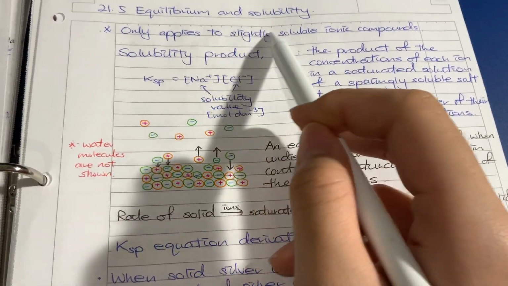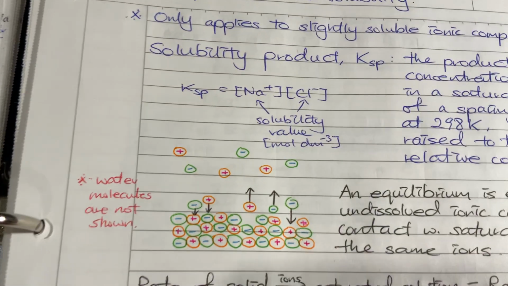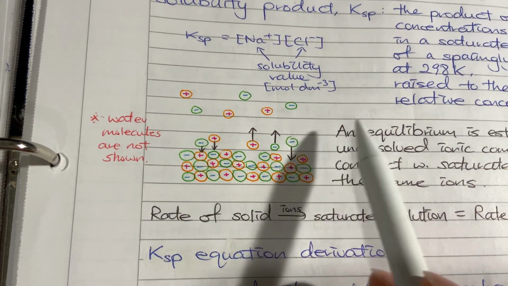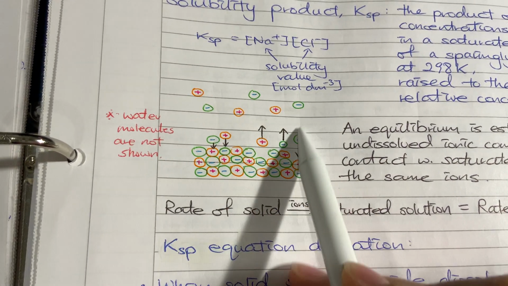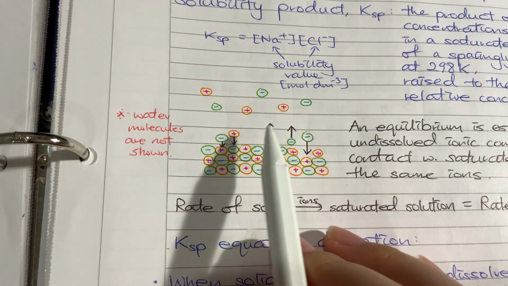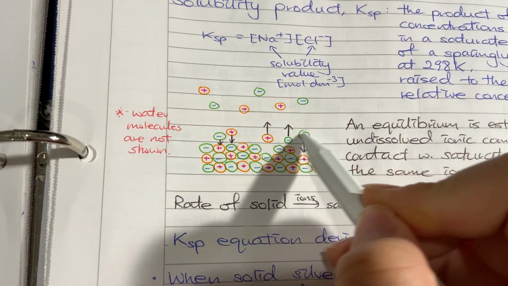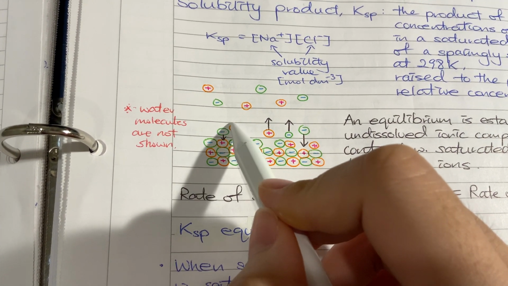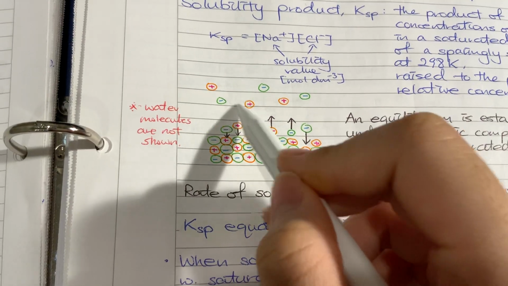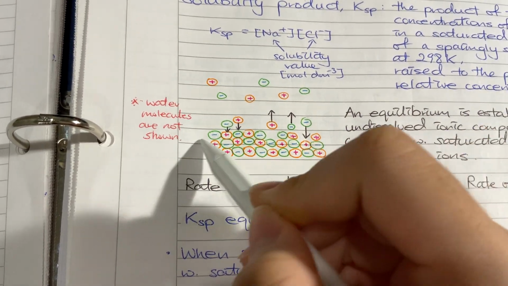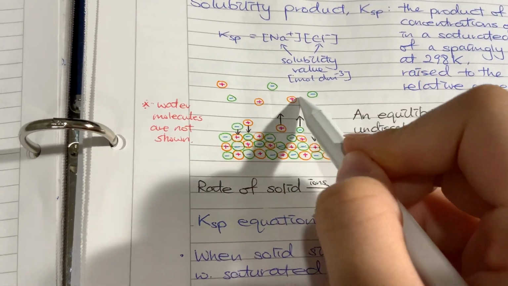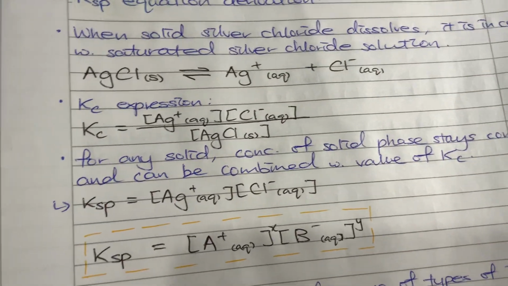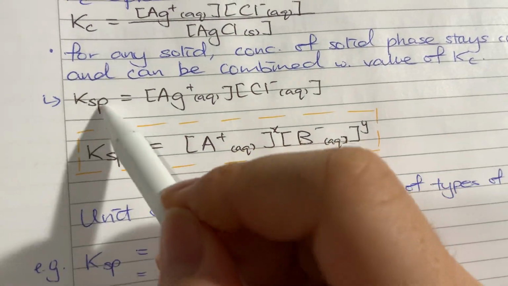Note that it only applies to slightly soluble ionic compounds, and you'll basically have half of it being solids and half of it being aqueous ions, and there will be a constant interchange right here. The aqueous ions continuously change into the solid form, and the solid form keeps changing into the aqueous ion form. That's basically what a Ksp is. That's a Ksp equation.